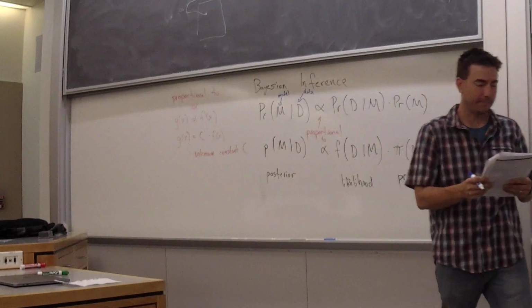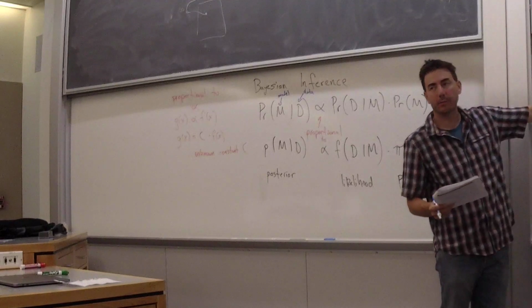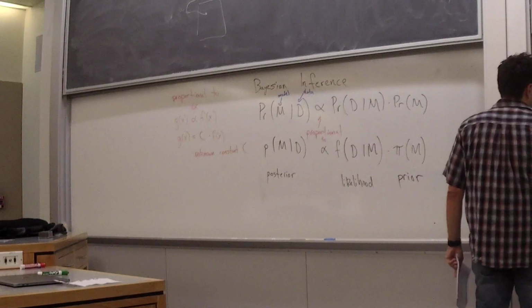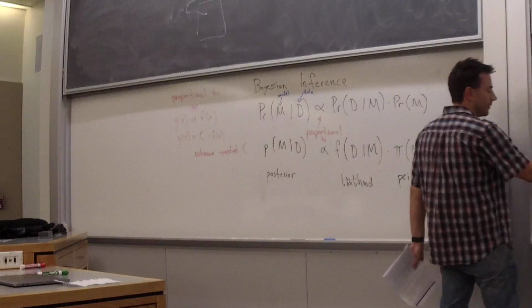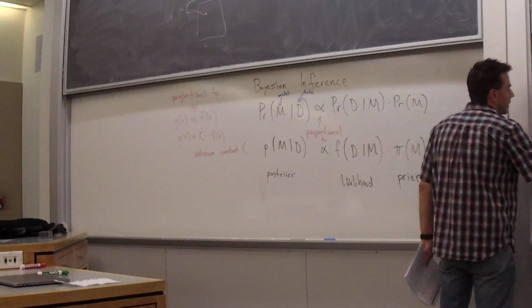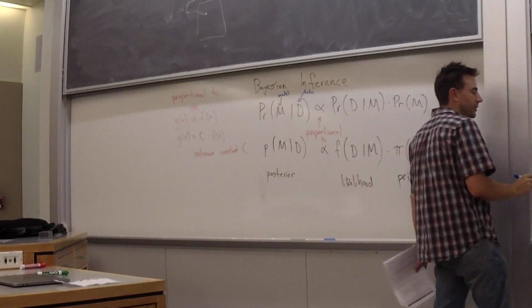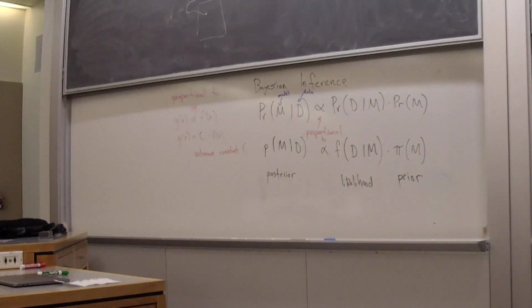So now I have prior information as well. So now if I want to estimate the posterior, given this data, p of m, so this is the posterior, then I can use the likelihood of the data given the model, times pi of m.